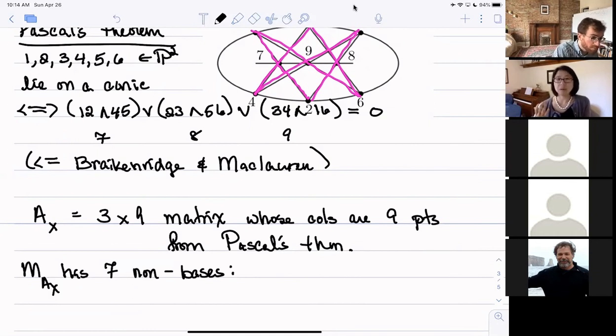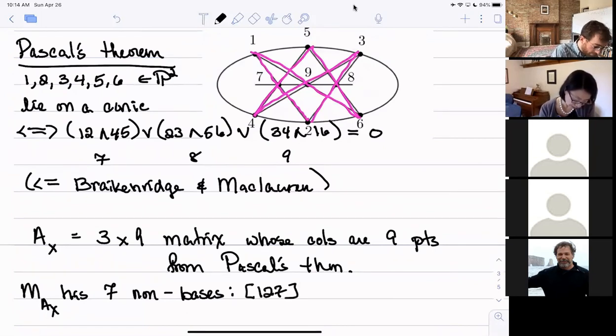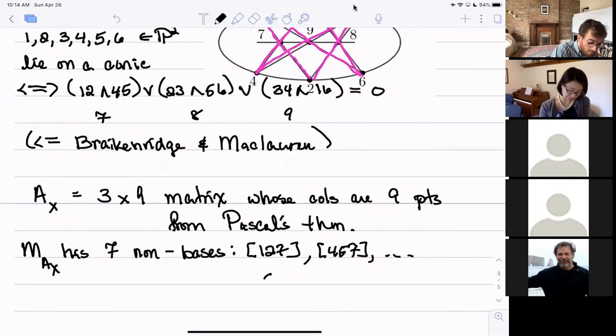For example, one of them comes from the fact that the points 1, 2, and 7 are collinear, so that bracket has to vanish. Also 4, 5, and 7, right? So there are 7 of those, and each of these is in the ideal NX, which is contained in IX.